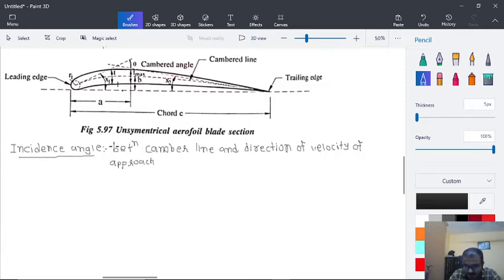The next is A. A you can see over here in this figure.